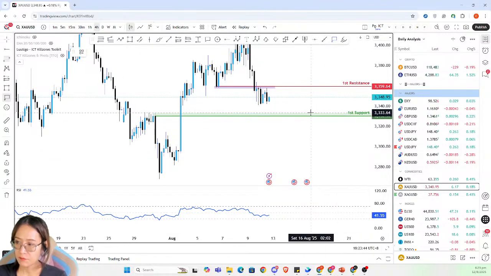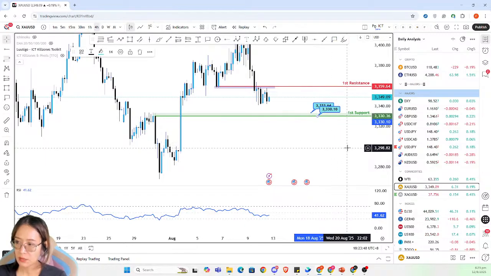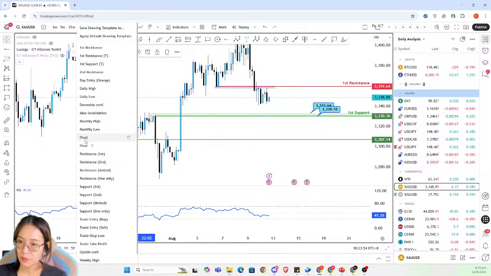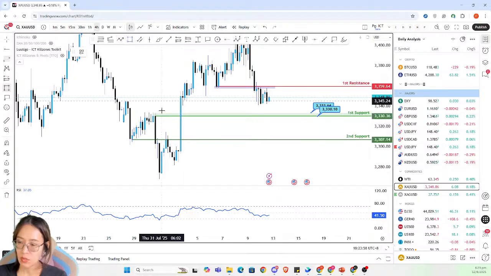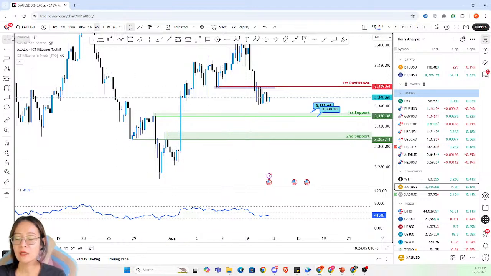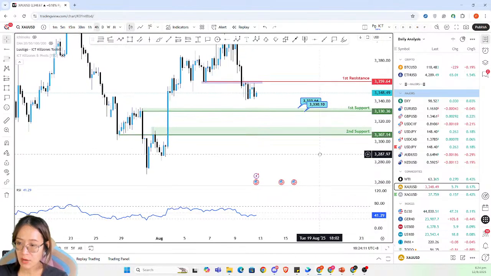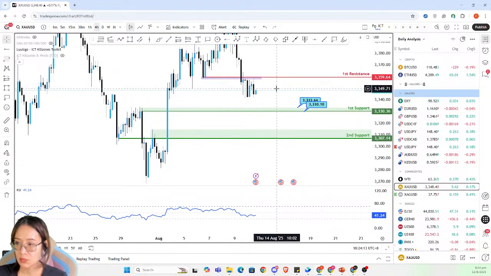So start from 3330, and this is gonna be a very nice pullback, which is second support. If you want to highlight the zone, you need to wait for market structure, and then your ICT strategy will come in, meaning that you need to wait for the lower time frame and wait for confirmation.